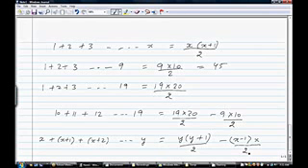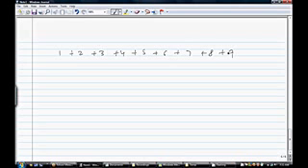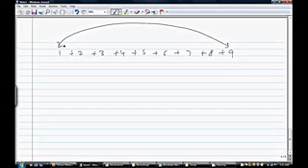If you don't want to cram this formula and want to understand how it was generated, let's go to the series again. So we have 1 plus 2 plus 3 plus 4 plus 5 plus 6 plus 7 plus 8 plus 9. You can see that these numbers 1 and 9 add up to be 10.